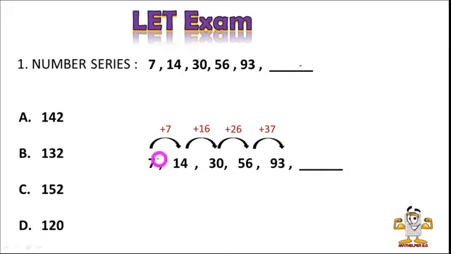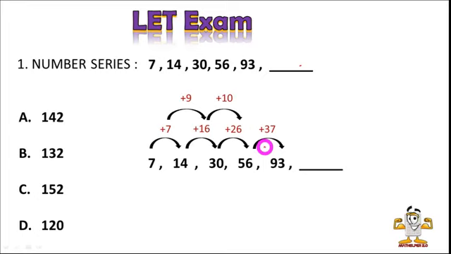So, hindi pa makikita yung pattern dahil malalaki yung number. So, sa taas naman is 7 and 16, mag-add tayo ng 9. Yung 16 at 26, mag-add po ng 10. So, napansin nyo may pattern na 9, 10.